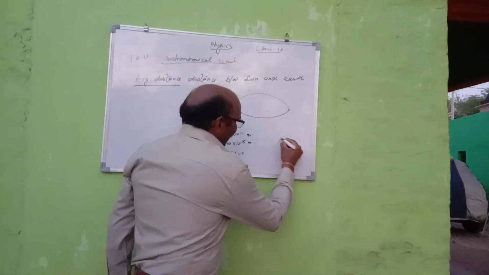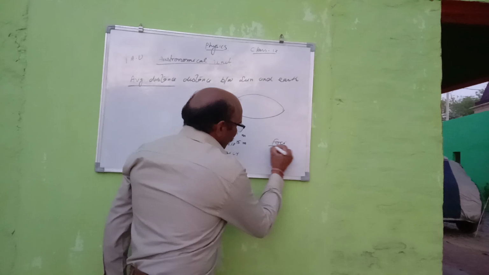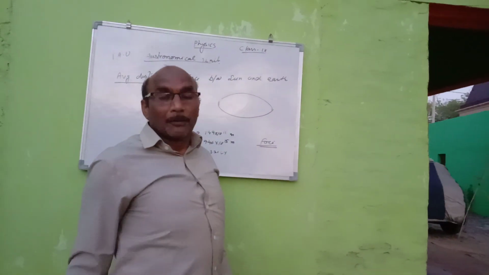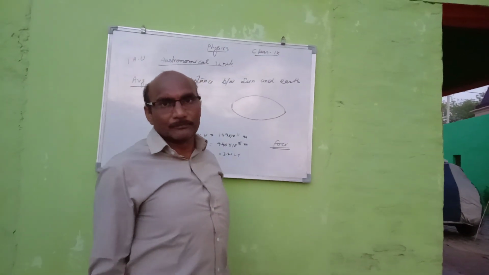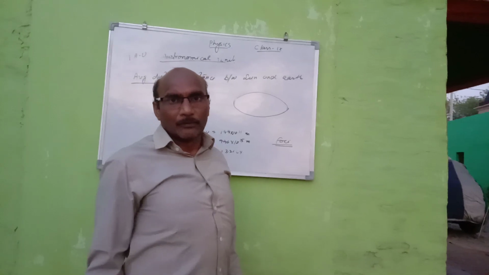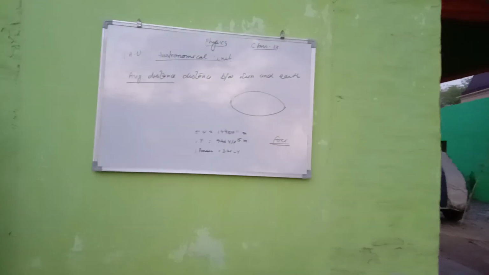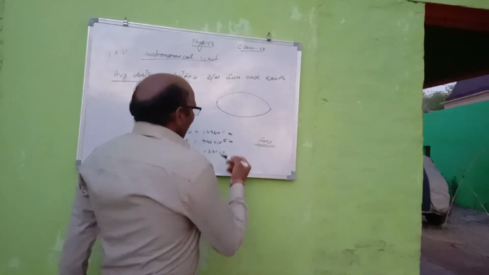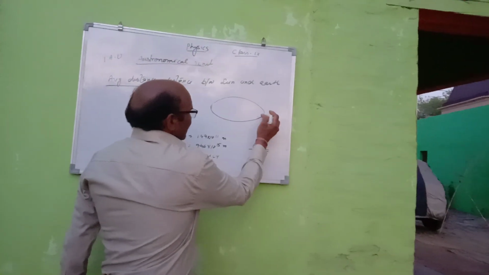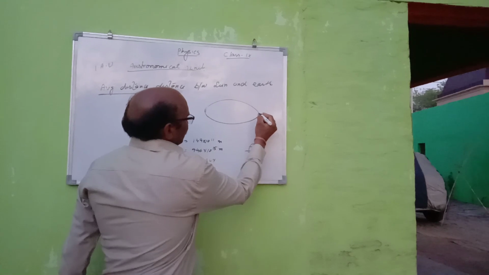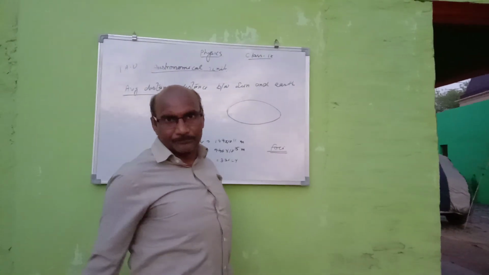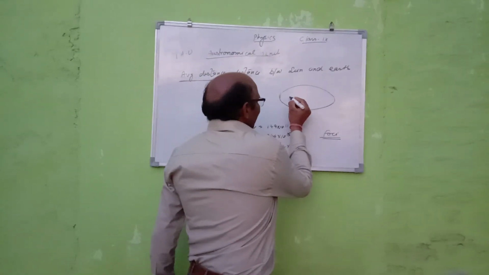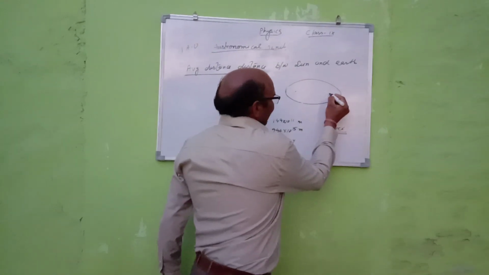Foci, a new term again. Foci is the plural of focus. It means the ellipse has two focus, means two foci. One focus at this point and second focus at this point.